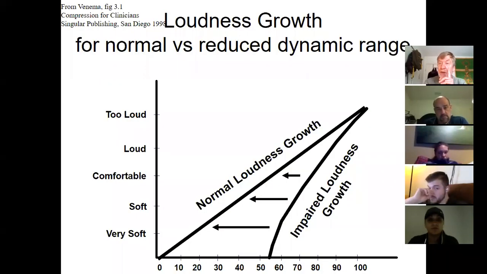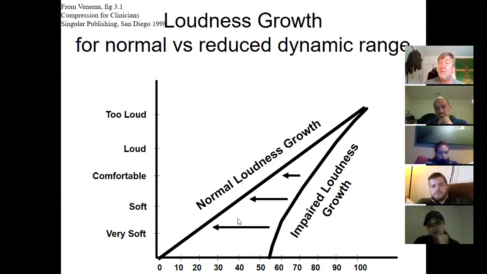And that's a central concept of our entire field because this is what hearing aids do. Hearing aids use compression. And next year you'll be reading my book called Compression for Clinicians. And what is compression? It means hearing aids amplify soft sounds by a lot.